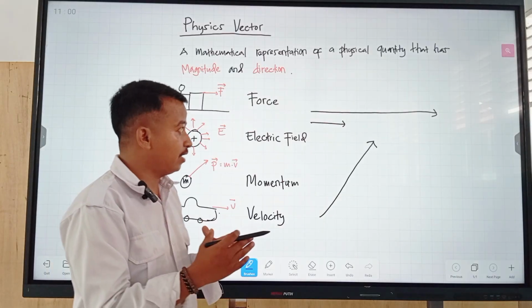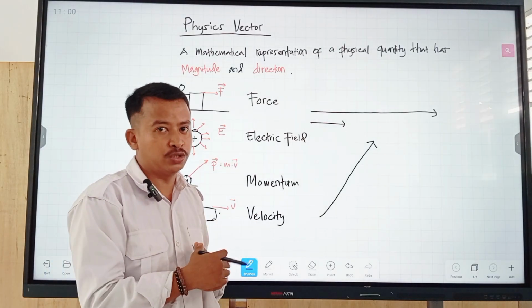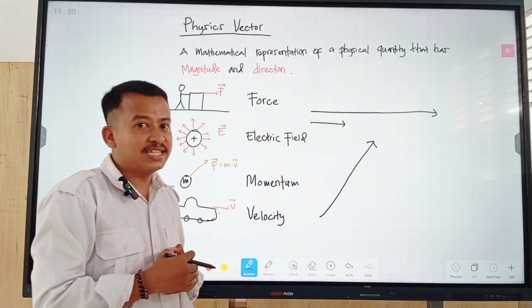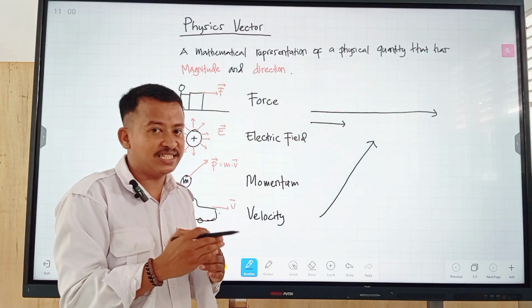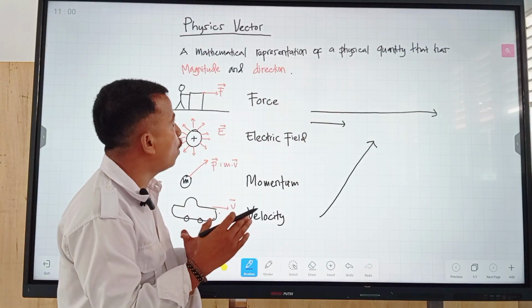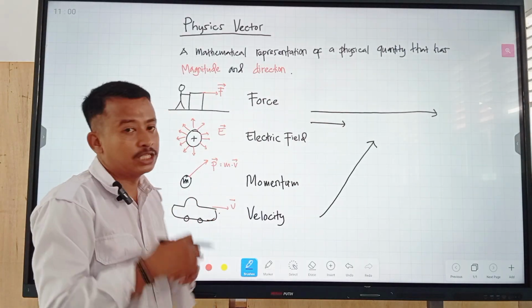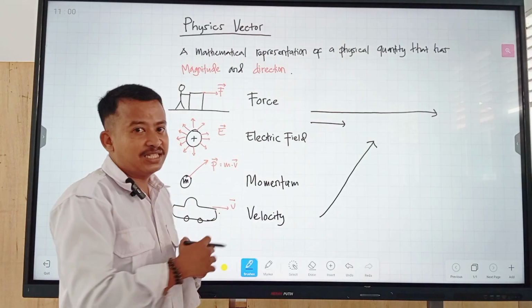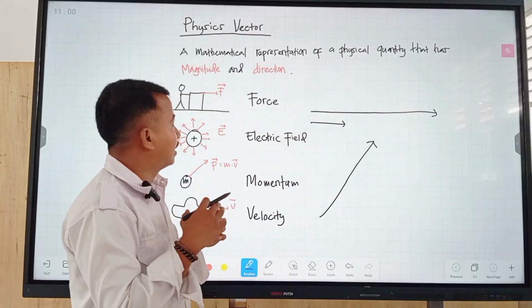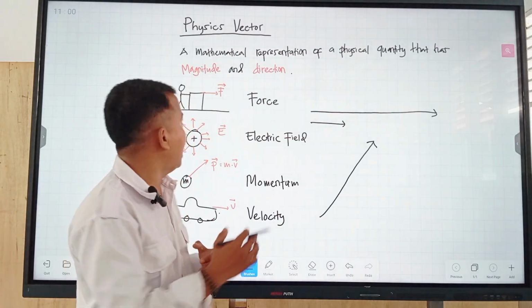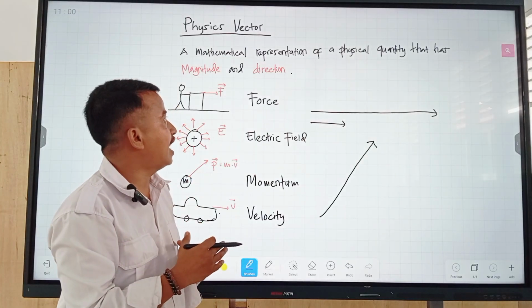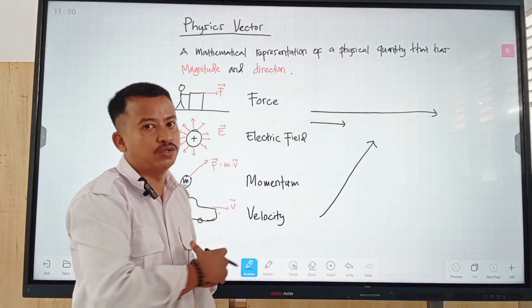But scalar only has magnitude. For example, mass. Mass is only how much stuff is in it, and it has no direction. So that's why mass is a scalar quantity. So the conclusion is vector has magnitude and direction, but scalar only has magnitude.